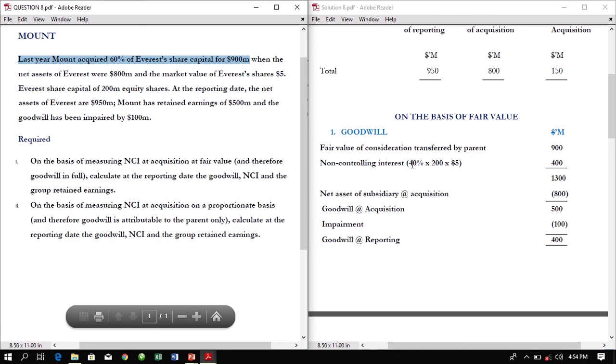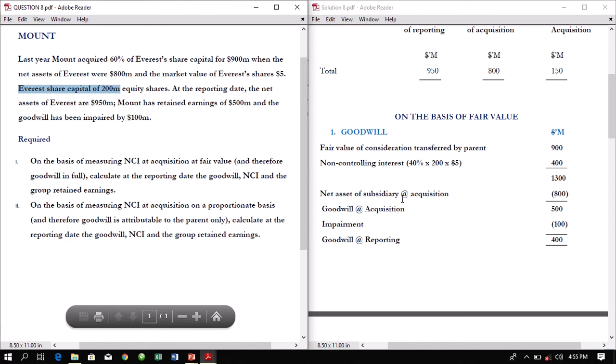Add your non-controlling interest. When I'm using my fair value basis, what do I need to do? Get the number of shares that belongs to the non-controlling interest. Now check this question. We are told that the total shares available in the subsidiary company is 200 million equity shares.